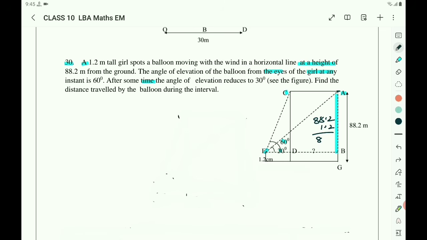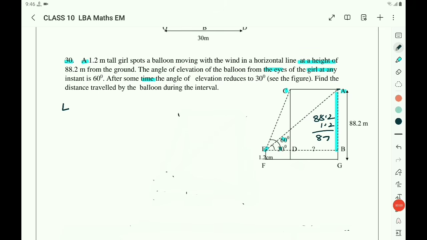Then you write the first triangle AEB. Here you write height of the girl is 1.2 and you got AB equal to CD equal to 87. Write EF equal to BG equal to 1.2.